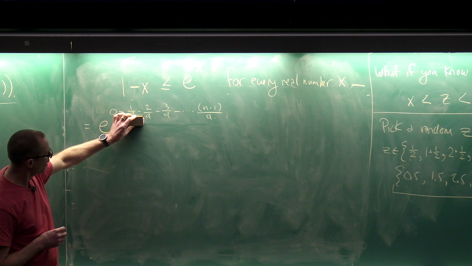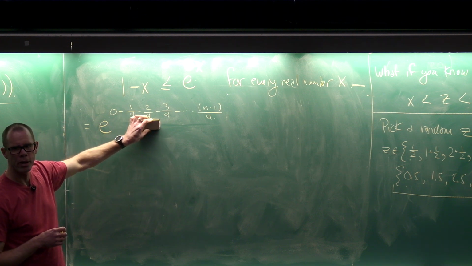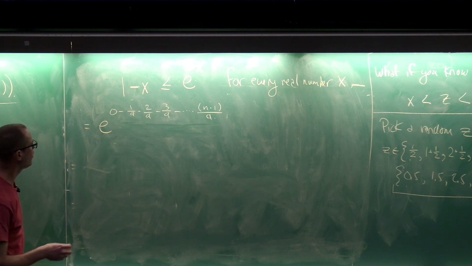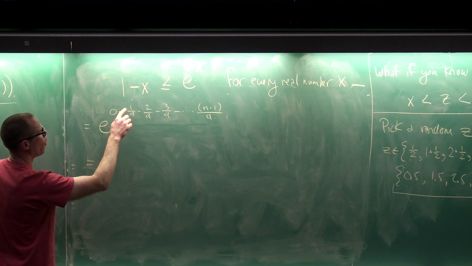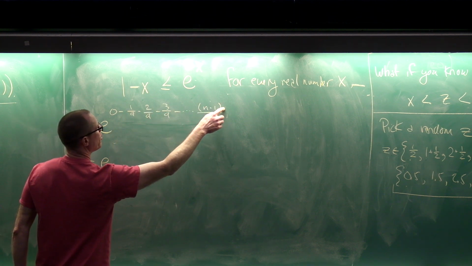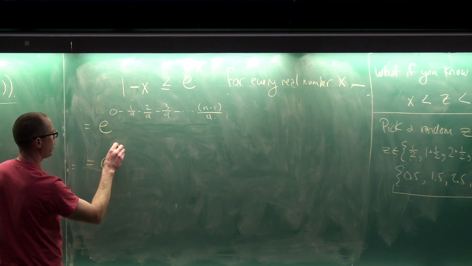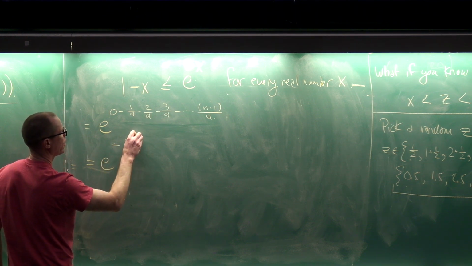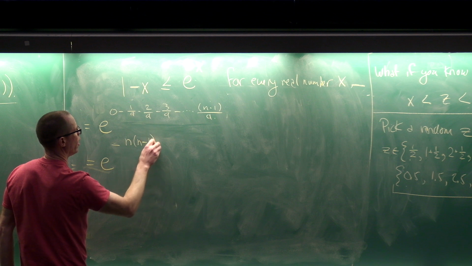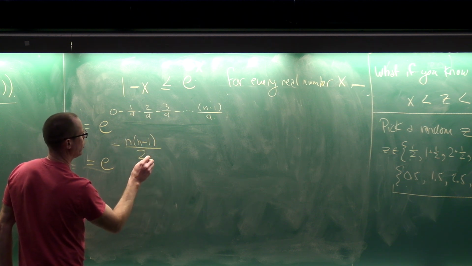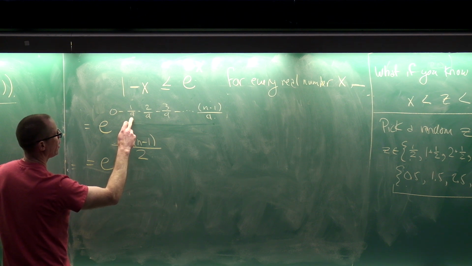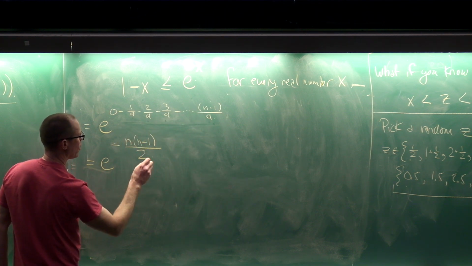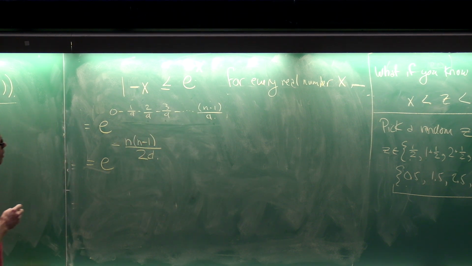But the short version is this is something a 9-year-old can do. So this is 1 plus 2 plus 3 and so on, all the way up to n minus 1. That is n times n minus 1 over 2. But let's not forget that there's a d down here, so this is n times n minus 1 over 2d.